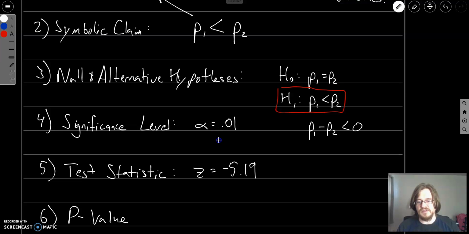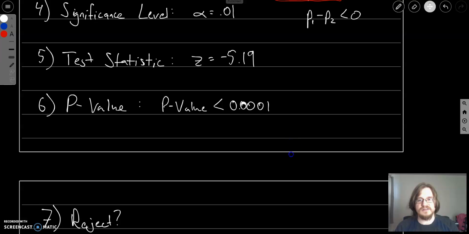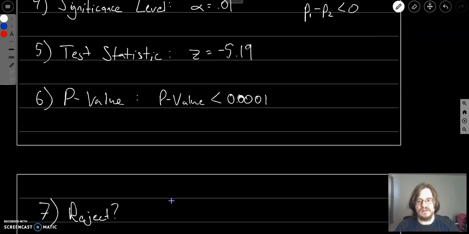So they didn't compute the actual value there, but the p-value itself is going to be less than 0.0001. But if we compare this to the significance level, the p-value is certainly much less than the significance level.